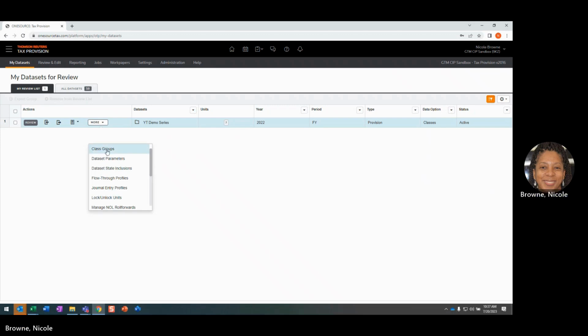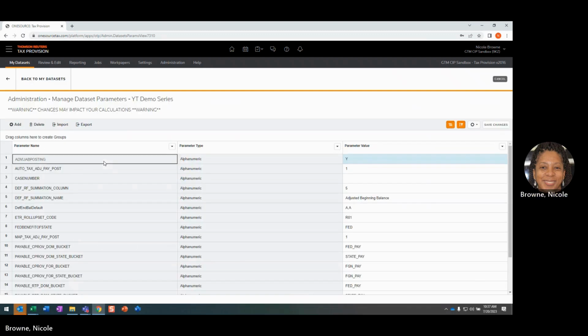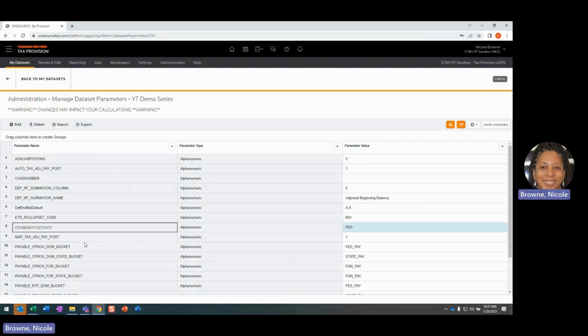So where do we find that? If we go into our dataset parameters, we will see a parameter called Fed Benefit of State. The parameter type is alphanumeric. Right now, my parameter value is Fed.